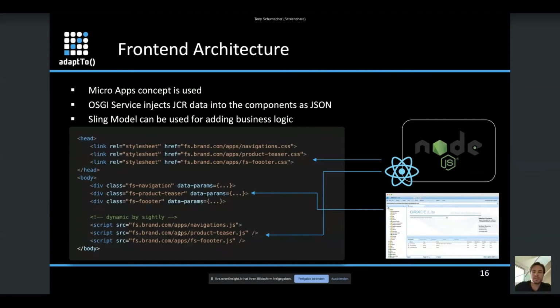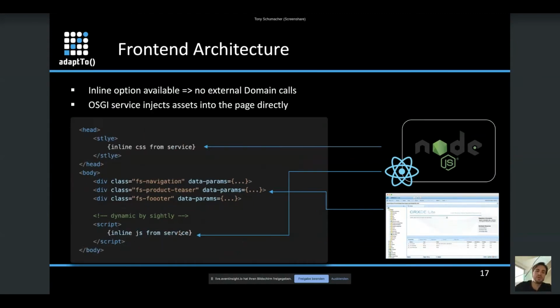For that purpose, we also implemented an option, which is just a checkbox in an OSGI config, where you can say, I want to include it directly. This means we have no external domain calls here, but it will be rendered directly into the style tag and into the script tag. So here you will have your CSS, your JavaScript, and no calls anymore. Yeah, and this is an option you can use.